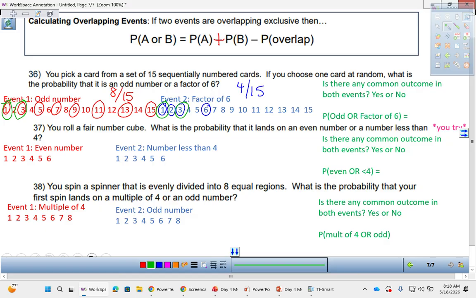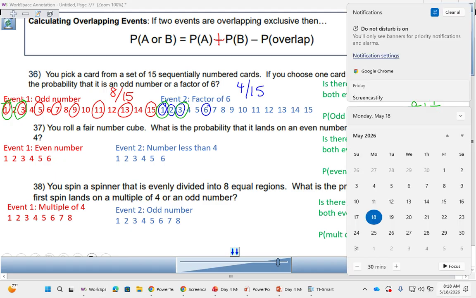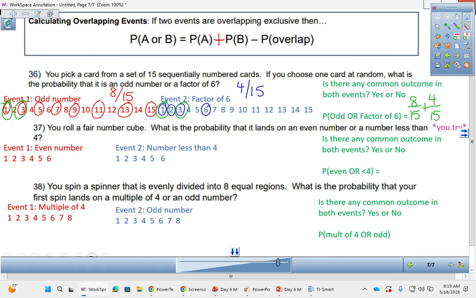So to calculate this probability, I'm going to do 8 out of 15, that's my odd, plus 4 out of 15, that's my factors of 6, minus the odd factors of 6, 2 out of 15. The reason that we have to subtract them is because I'm counting them twice. And they're not 2 numbers.